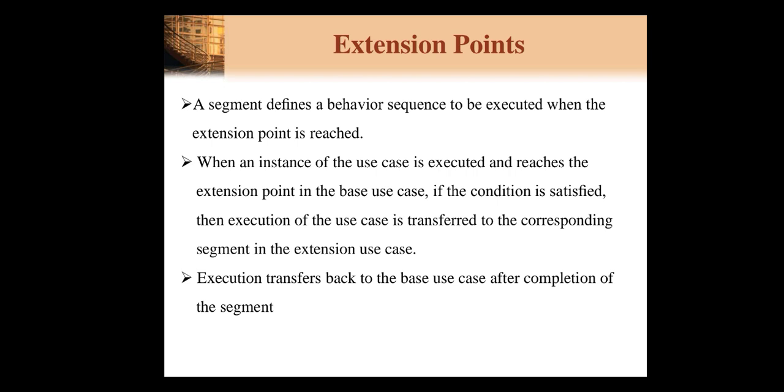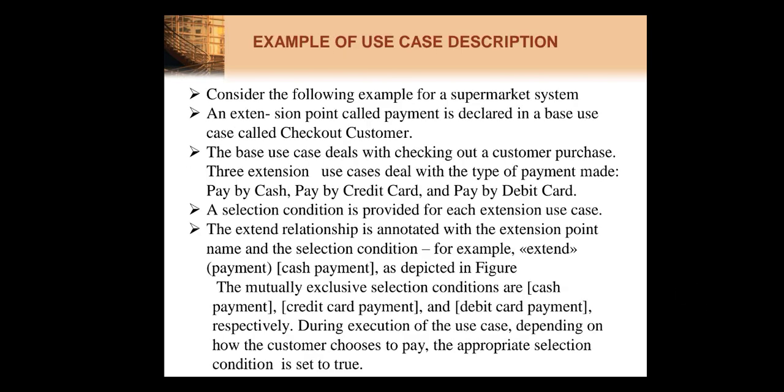When you reach the extension point, as per the condition, the extended use case gets called and its sequence gets included inside your base use case. When the extended use case sequence is finished, it moves to the next statement of the base use case. In this way, the description is written for the extended use case.